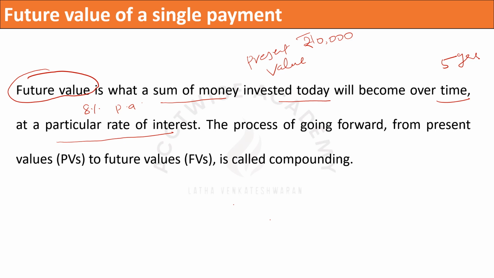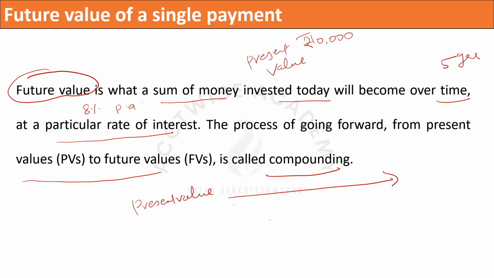So the process of going forward from present value to future value is called compounding. So suppose present value you have here and you're going forward to find out the future value. Take the same example. What is the present value? In the example, rupees 10,000.